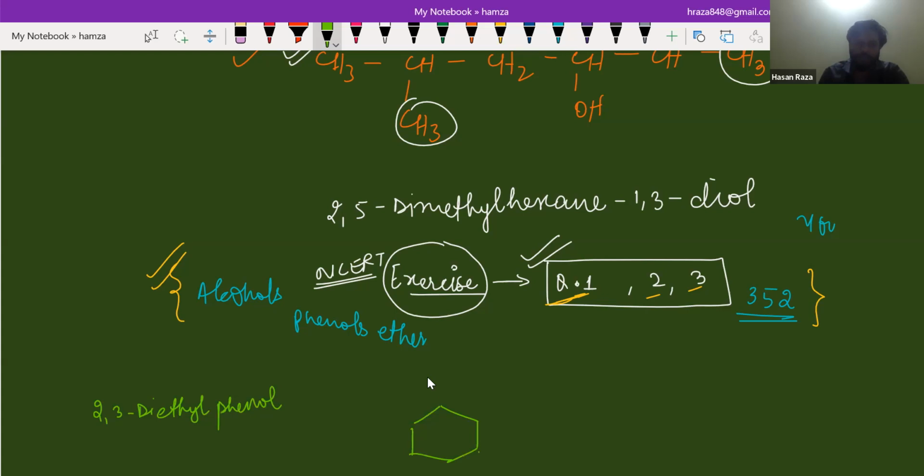First of all, this is phenol, and you know that this is the functional group, so we will give preference to this. So this will be 1, and then this will be 2, and this will be 3. So you are going to add CH3, CH2, CH2, CH3, ethyl group here. So this is the structure of this compound.